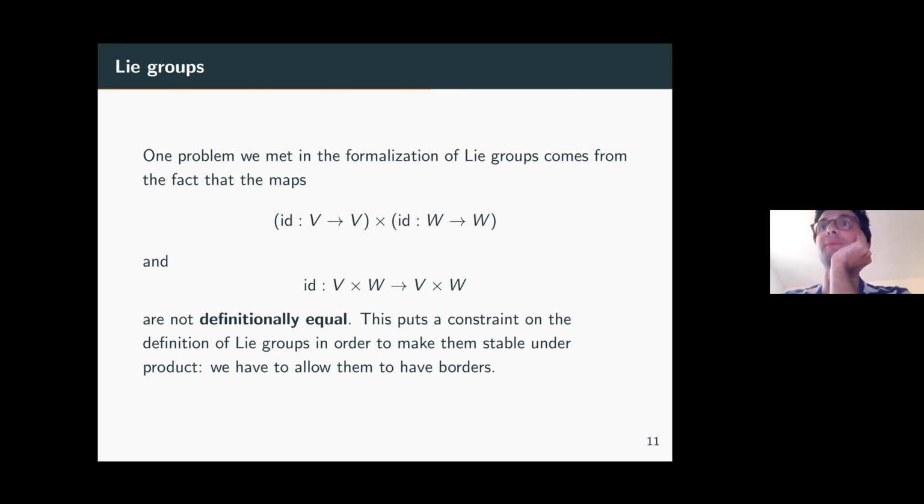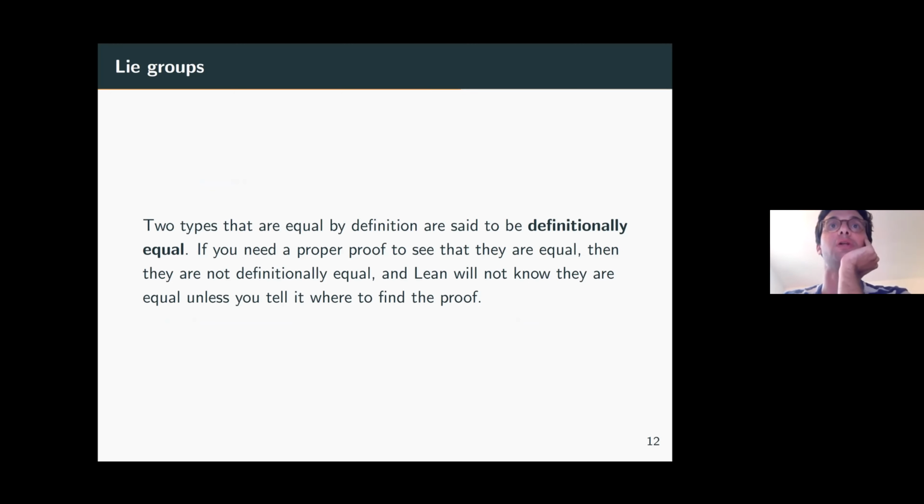For people that are not that familiar with what definitionally equal means, as you can imagine, definitionally equal means that the two types or two terms are equal by definition. The remark about this is that this is often not the case.